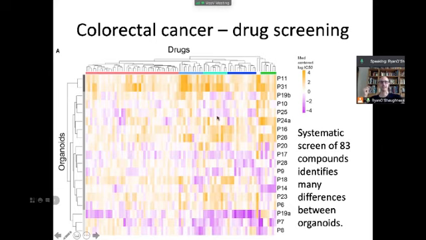And you can see here, based on this heat map, that the different patients have very different sensitivities to the range of drugs. So this systematic screen of 83 compounds identified many differences between the organoids, and therefore many differences between the patients and what drugs may or may not work.